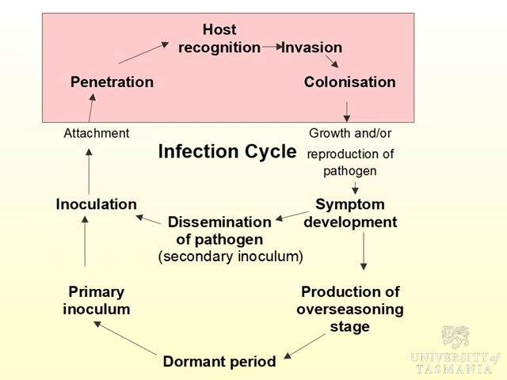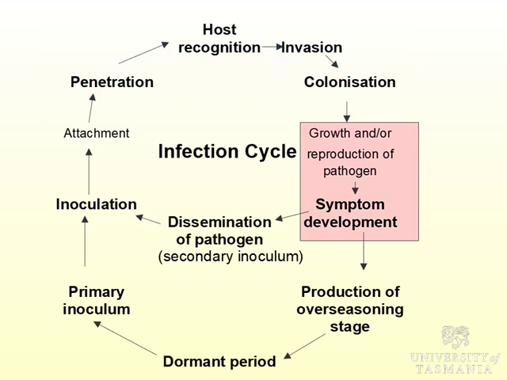Then we have infection, which is once it penetrates and gets inside and starts causing disease. So it penetrates, and there are obviously some host recognition factors it needs to work out: is this a susceptible plant? Or maybe it's highly resistant, and at this point the genetics kick in and stop further invasion. Assuming it's susceptible, it'll then invade further, start spreading, start to colonise, and start to cause disease.